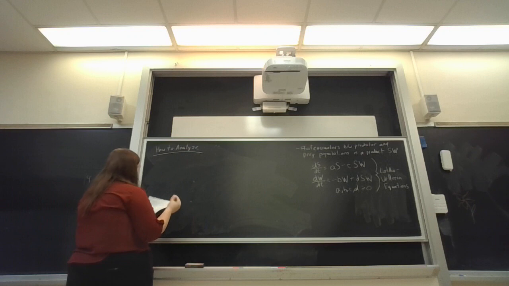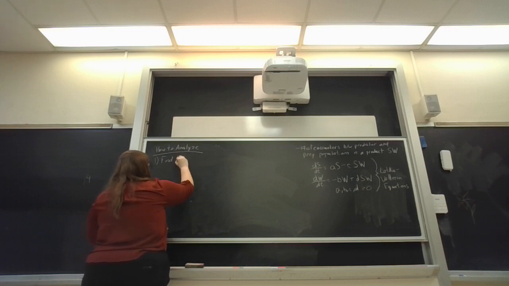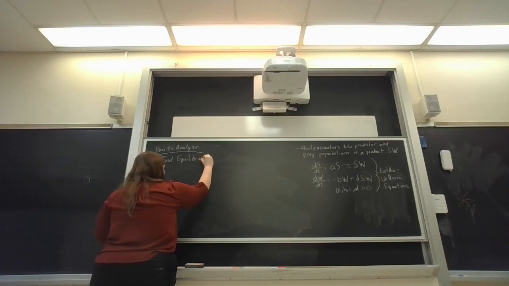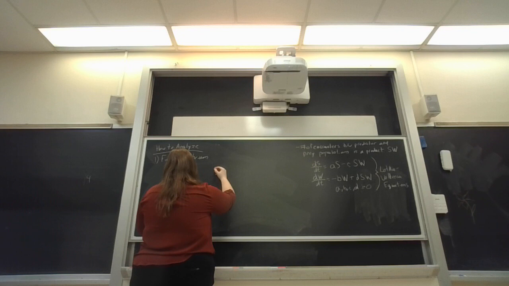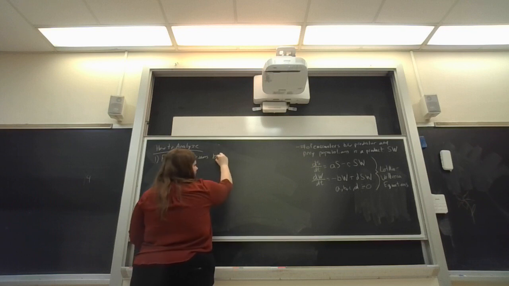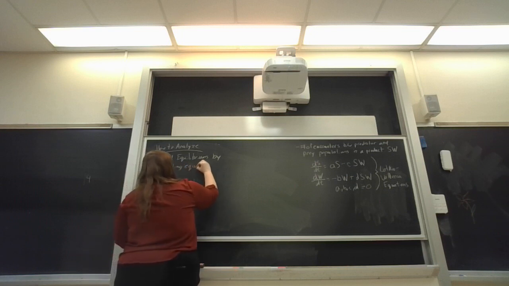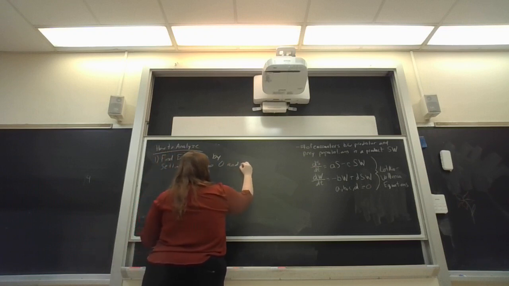Okay, so Nico wants us to find equilibriums by setting the derivatives equal to 0 and solving. So that would give us our equilibrium values.